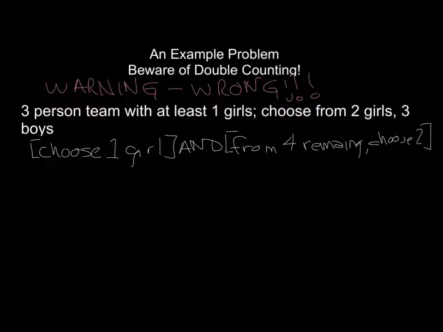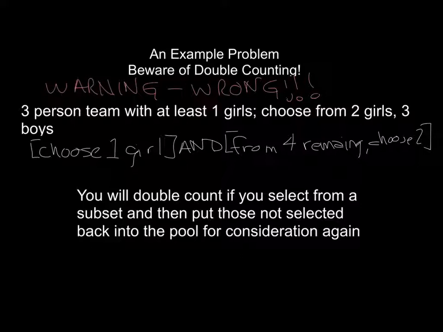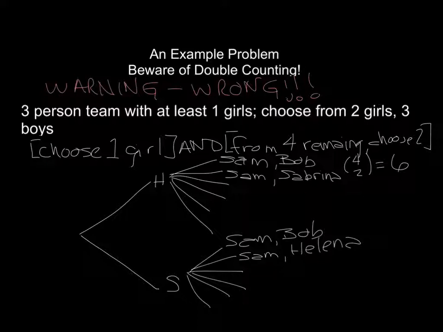So one of the big hints, or one of the big no-nos, something that's going to give you a clue that you might be double counting, it's in this step over here. So I'm going to summarize it this way. You will double count if you select from a subset and then put those not selected back into the pool for consideration again. So in this example, we had selected from Helena and Sabrina. That was our subset.